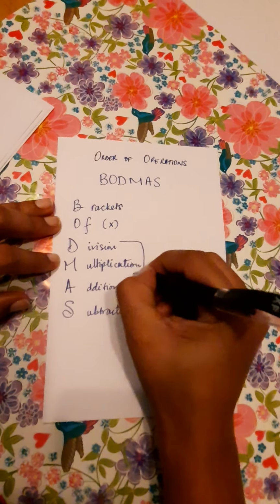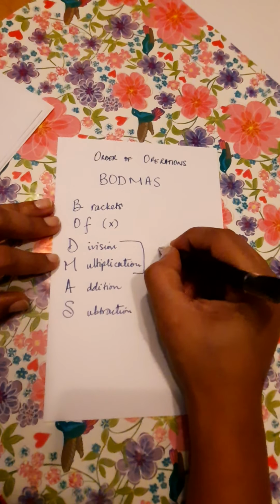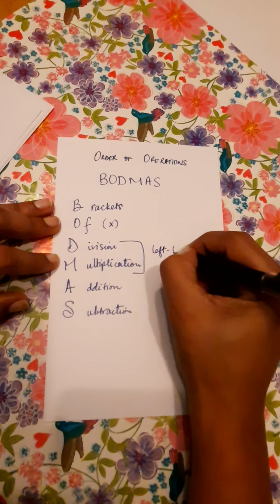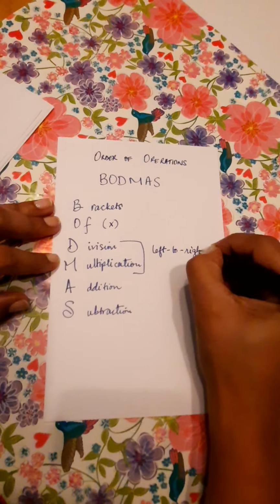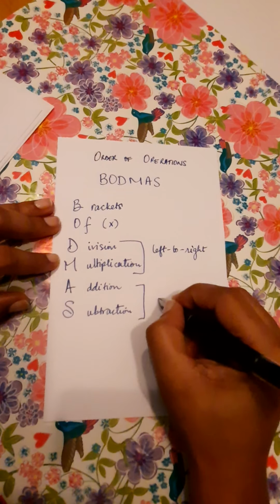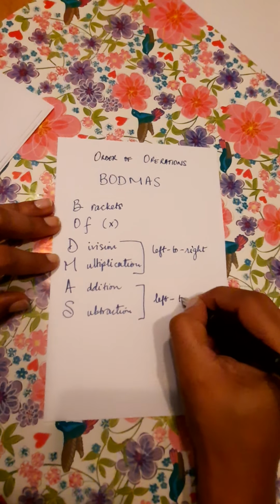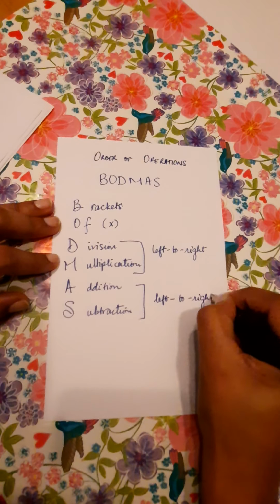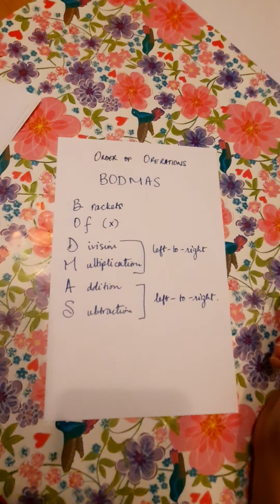Division and multiplication can be performed at the same time, but from left to right, and the same for addition and subtraction, left to right, and you will not go wrong.